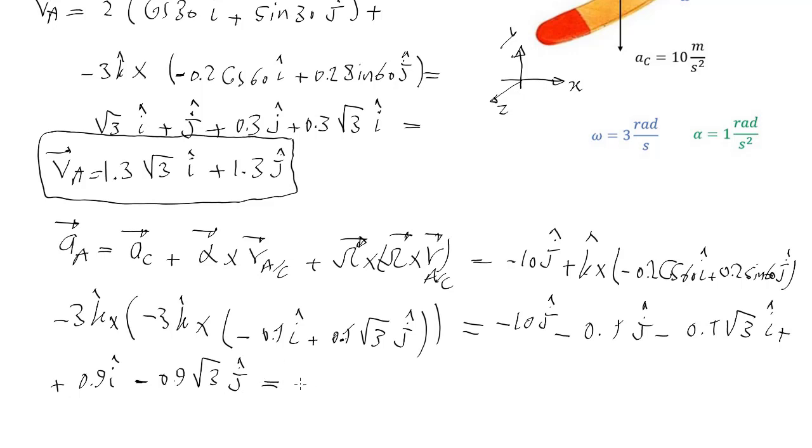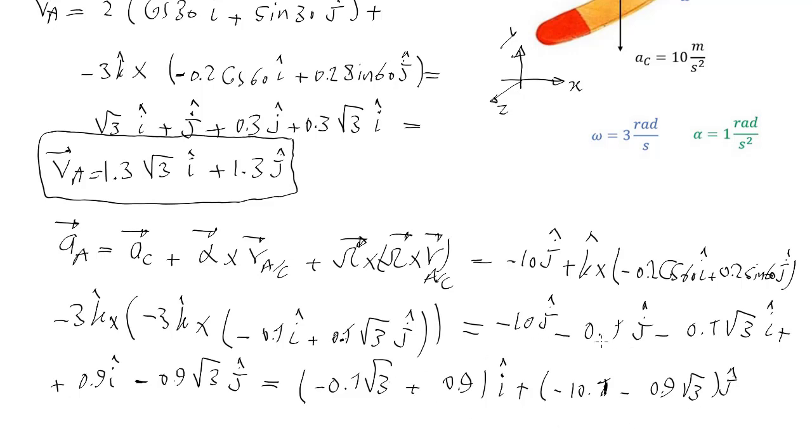So the acceleration is going to be, in the I direction, minus 0.1 square root of 3 plus 0.9, plus in the j direction, minus 10 minus 0.1, so that's minus 10.1, and here we have minus 0.9 square root of 3 in the j direction.